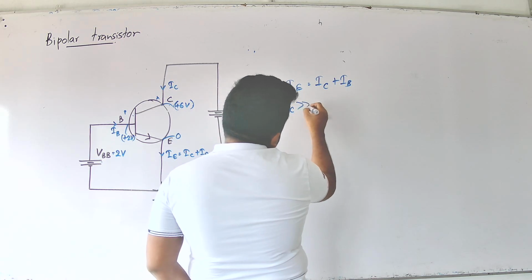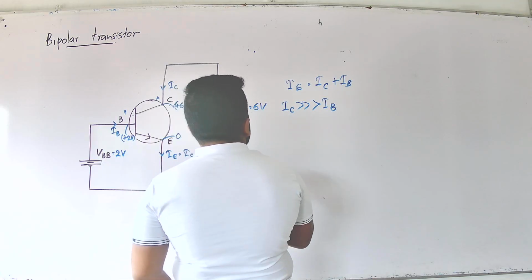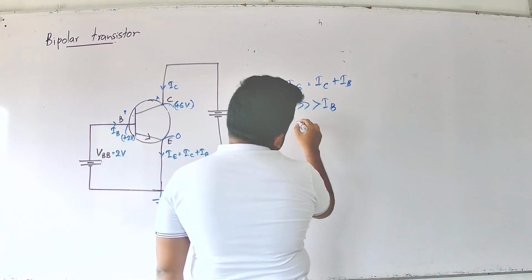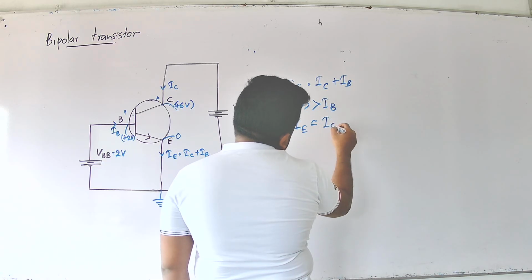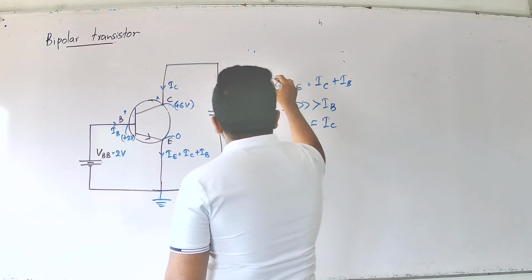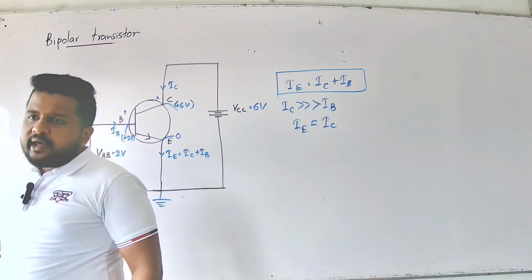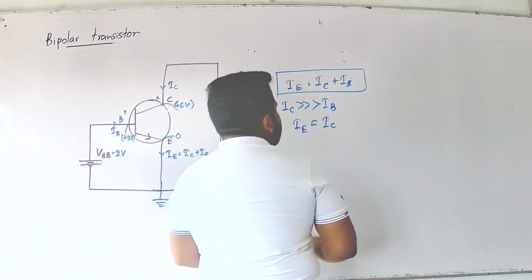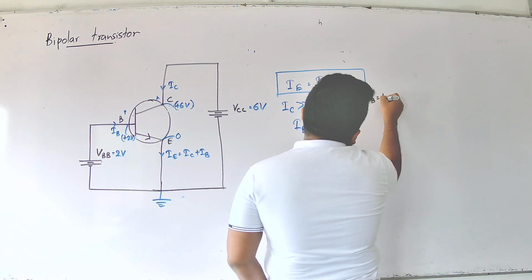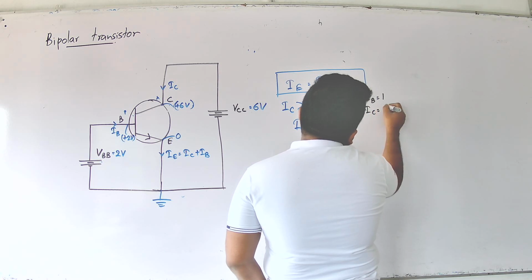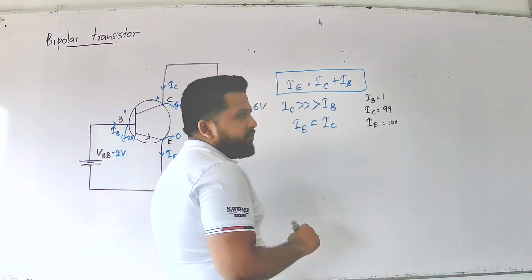IC is greater than IB. The current here is small. So because of that, IE is approximately equal to IC. Right? This is what we always use. As an example, IB is like 1, IC is 99, so IE is 100. Right?